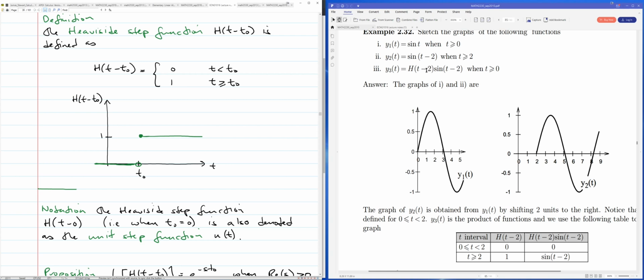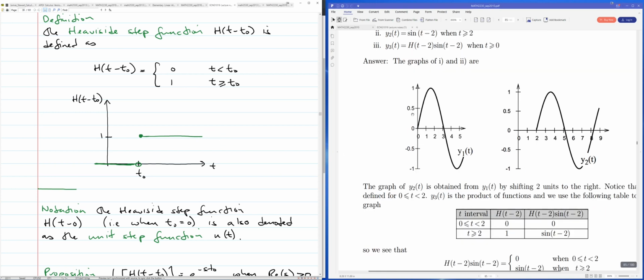So what this means is that if you're just looking at the Heaviside alone, it would look like this, where the change in behavior is at time t equal to 2. So h(t minus 2) is going to be 0 before 2, and then it's going to be equal to 1 after 2. We can put this in a table.